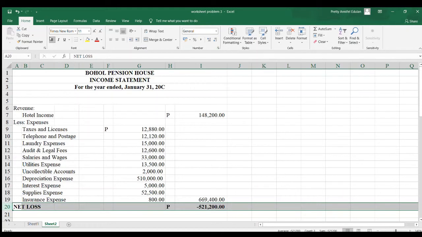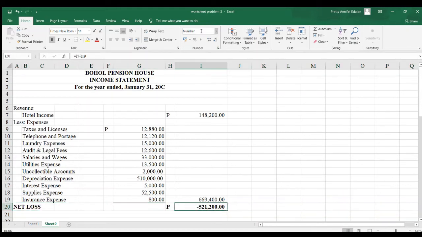So in accounting class, you do not use the negative sign. So supposedly it is parentheses 521,200. Based on my software, it will not write it using the negative sign. So supposedly there is a format for that. I forgot. Let's see if it's saved here. Let me search, I have saved it in my computer.